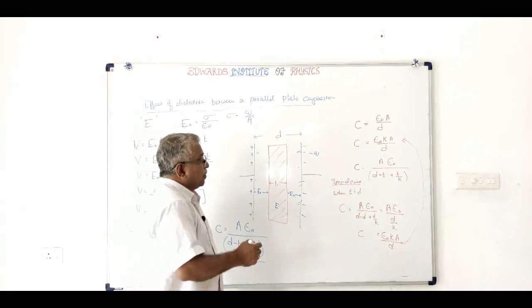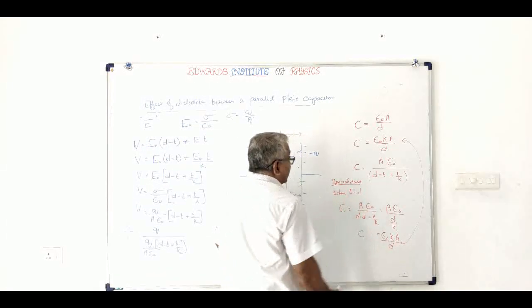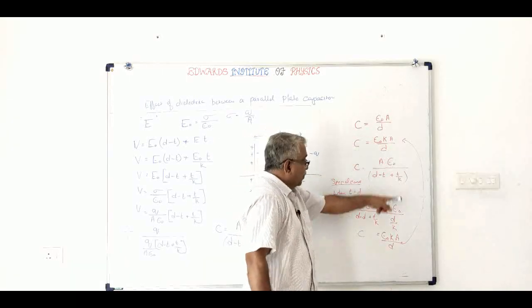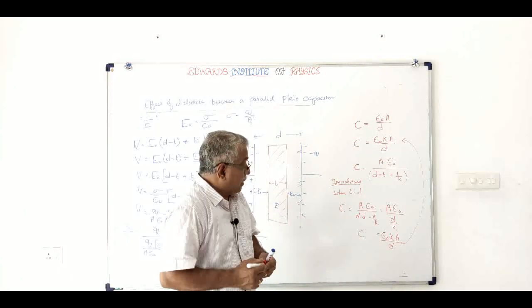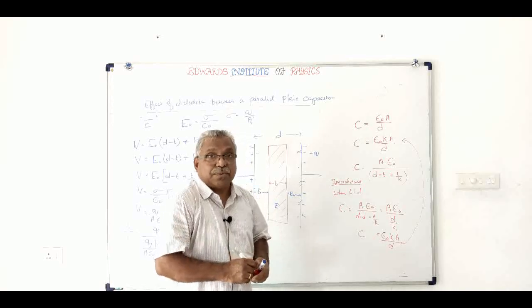Same thing. So if the special case comes that T is equal to D, you will get epsilon 0 K A by D.